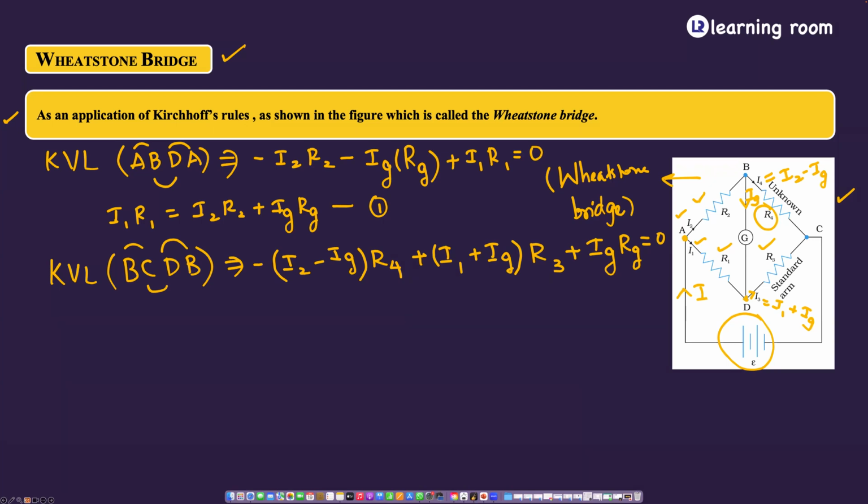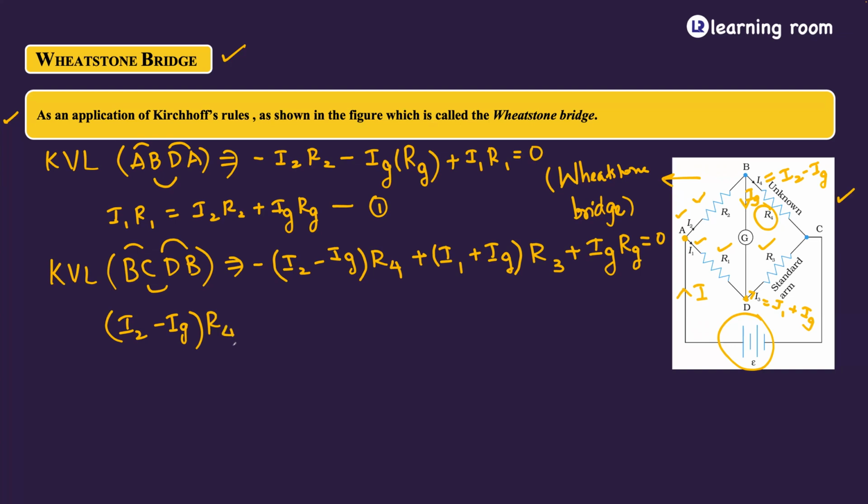When I rearrange this equation, it is going to be I2 minus IG into R4 is equal to I1 plus IG into R3 plus IG into RG. So this I will call equation number 2.